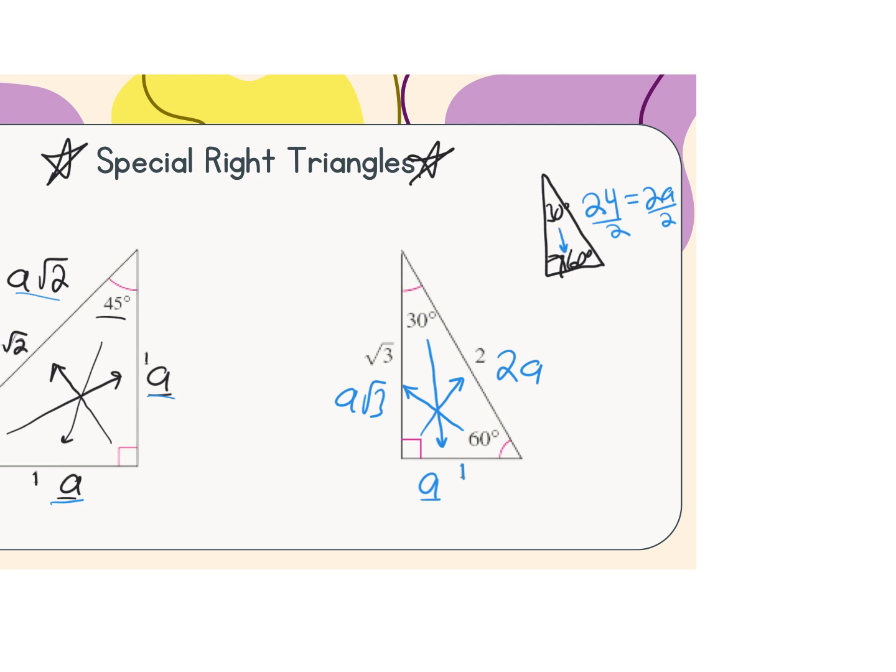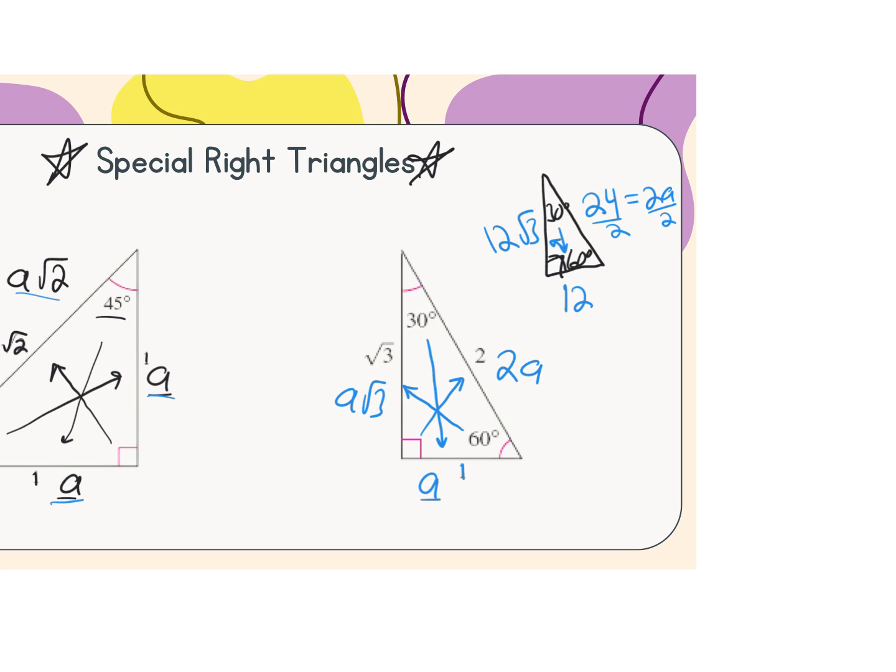And A goes with the shortest side, opposite the 30, right? So 12 goes right here. And then all you have to do to find the side opposite 60 is do the shortest leg times the square root of 3. So 12 square root of 3. All right? Again, that's just a refresher on special right triangles.